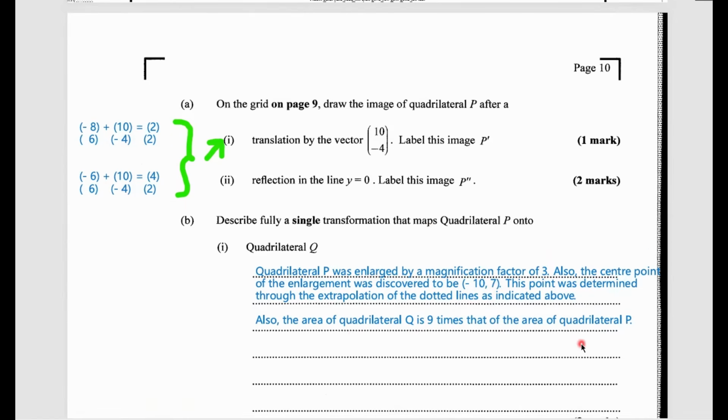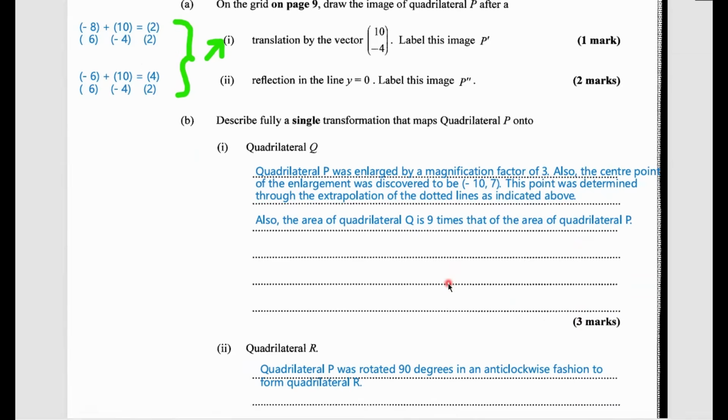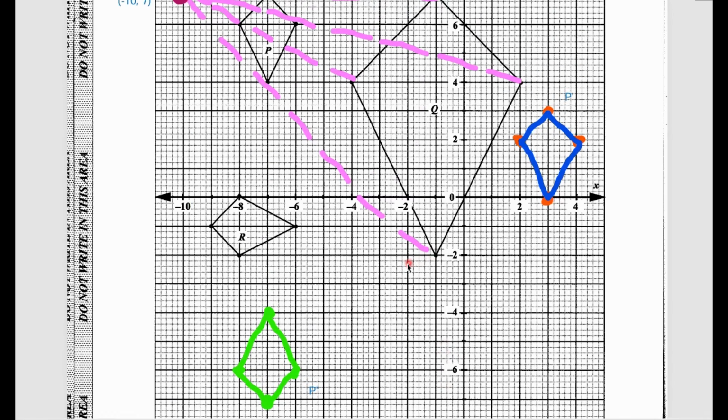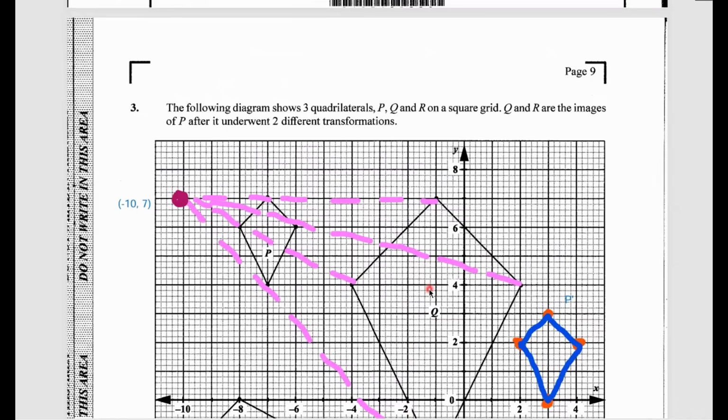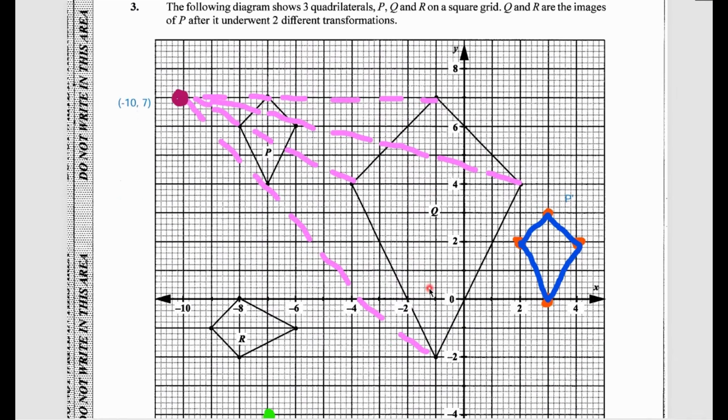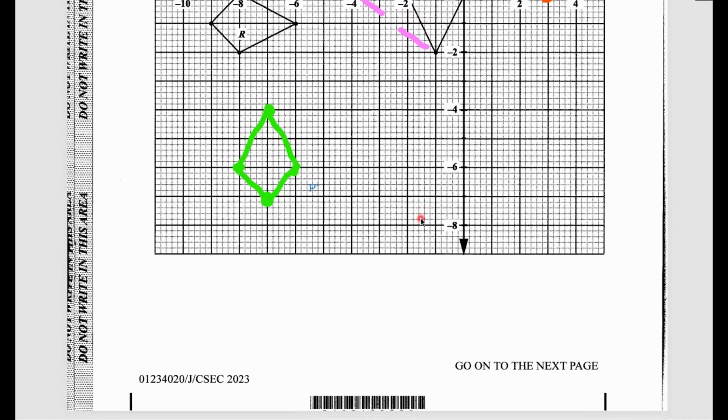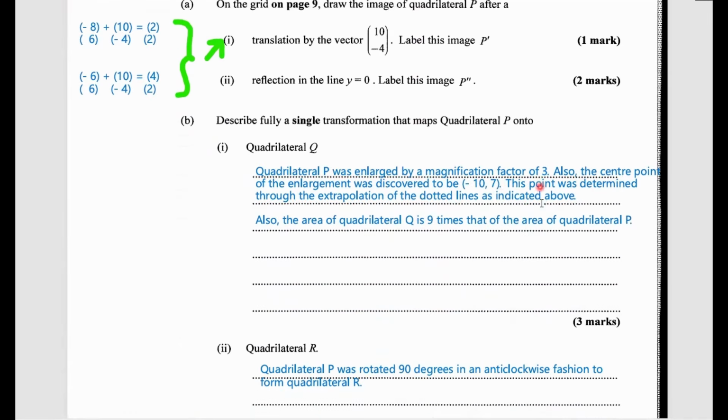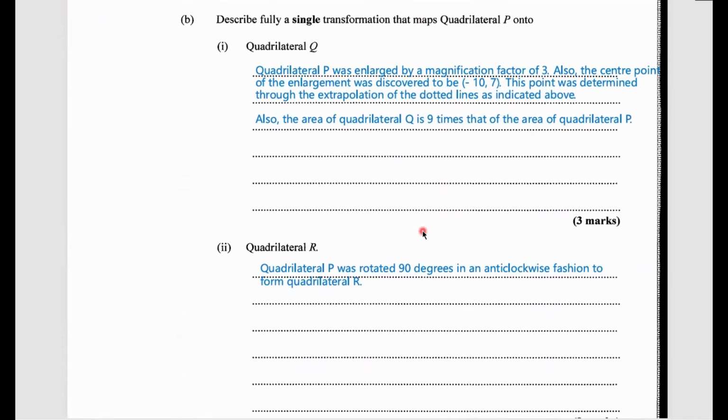I just went a little more in detail to talk about that, because normally the magnification factor, you generally square it to get an idea of the increase in area. That's extra if you want to put that in to make sure you solidify your answer. I choose to give that. So if the magnification factor is 3 times, the area will be 9 times. 3 squared is 9. So you normally square the magnification factor to get the increase in area.